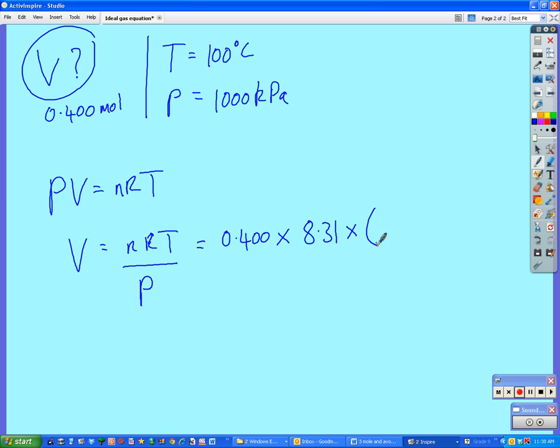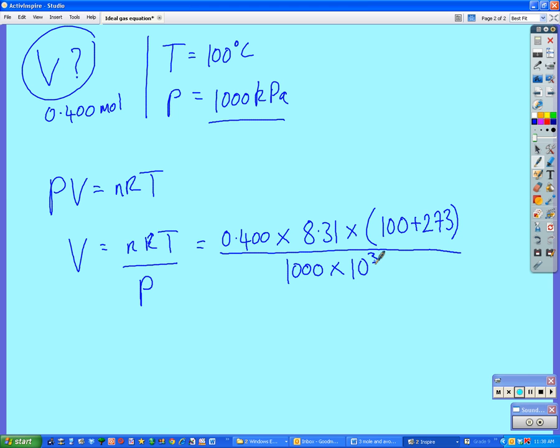Temperature, we have to convert to Kelvin. That's 100 degrees C plus 273. I'll show my working. I'm going to divide by pressure. Pressure is given as 1000 kilopascals. Well, that's 1000, kilo is times 10 to the power of 3.